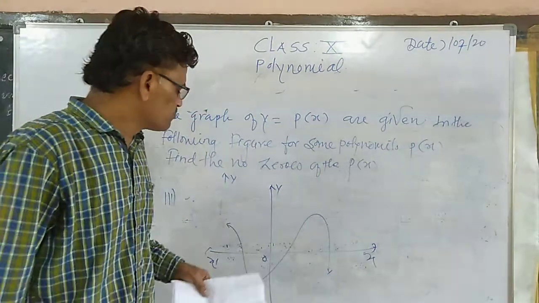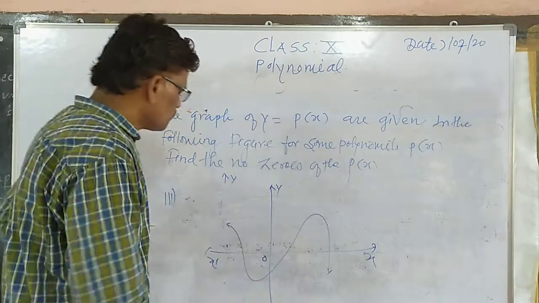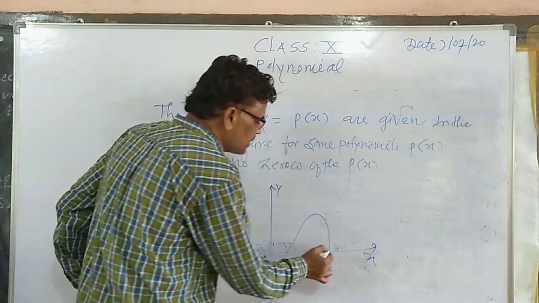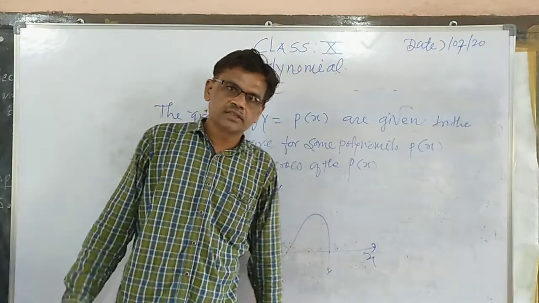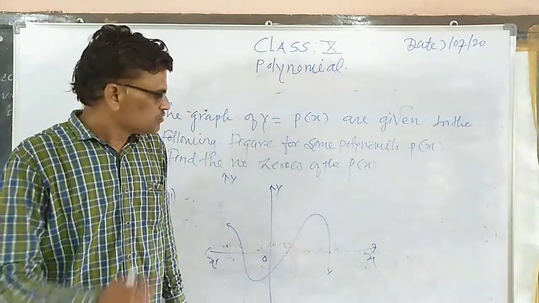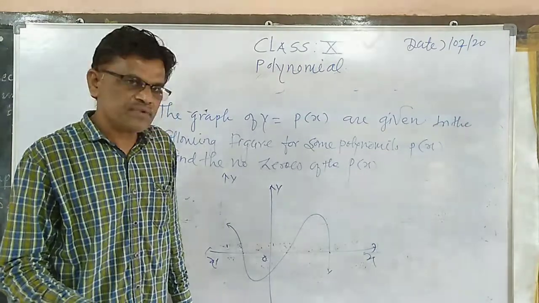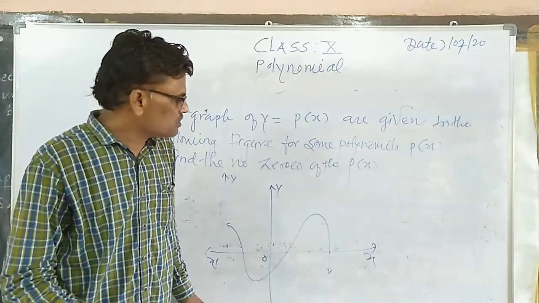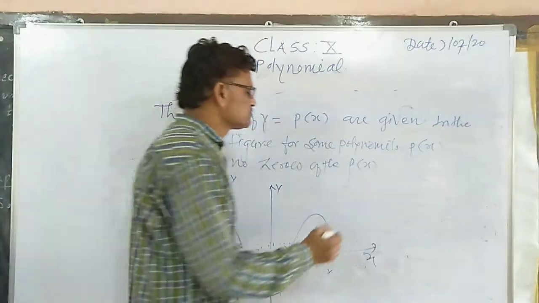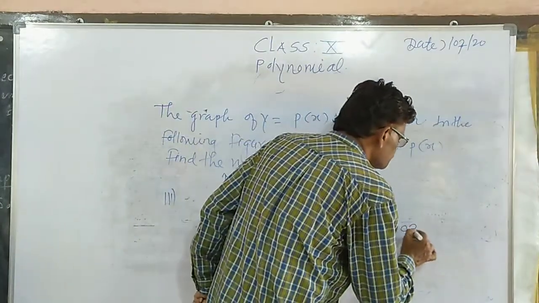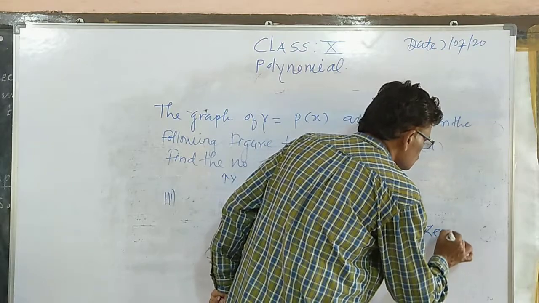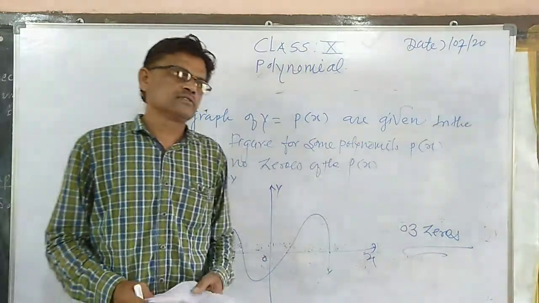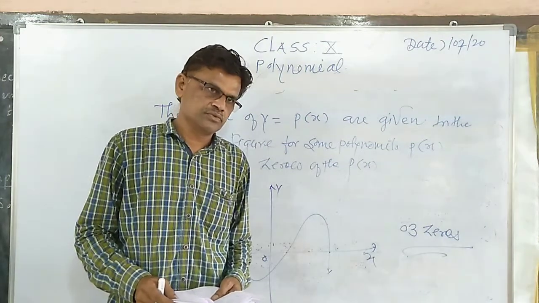We observe and find that this line of the polynomial intersects the x-axis at 3 points. Therefore, the number of zeros of this figure is 3. The answer for this figure is 3 zeros.